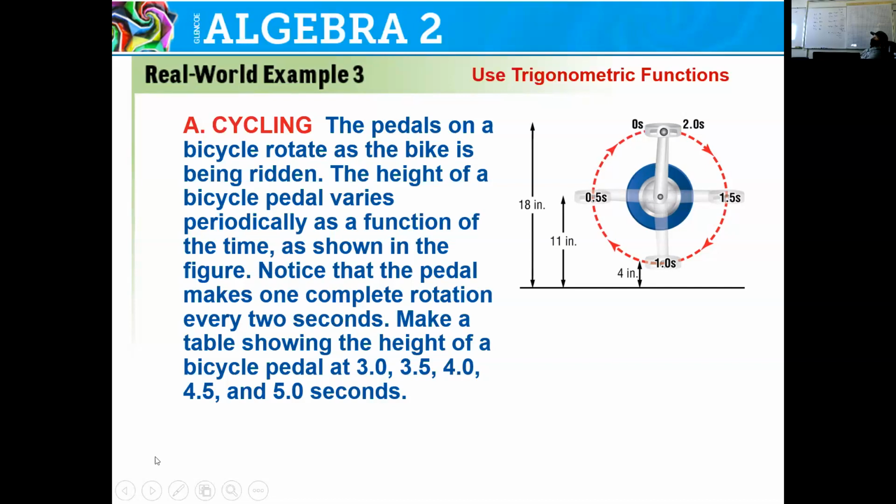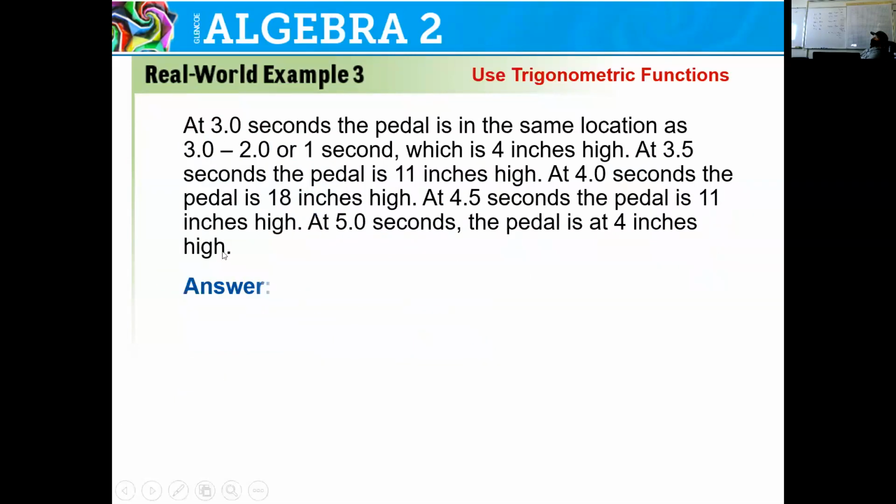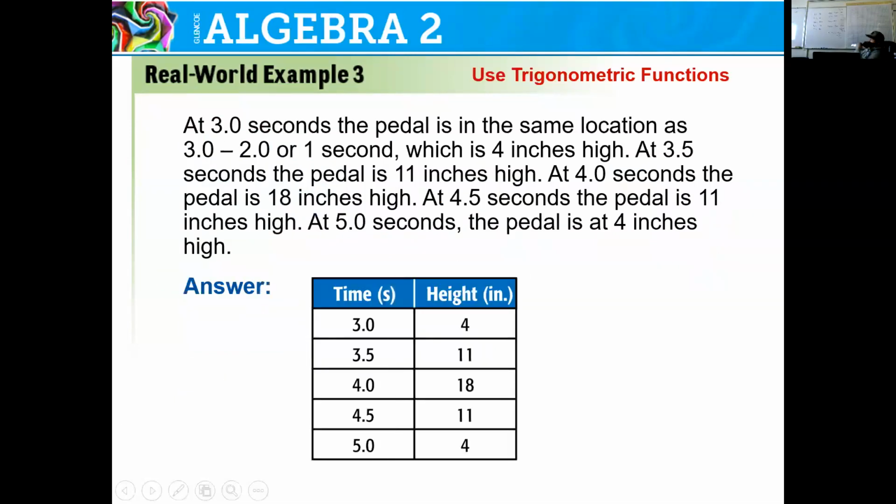From that information, since it's a consistent rotation, we can fill out our table, and this will repeat itself over and over again. You could break it down into 1,000 minutes if you wanted to. Let's do that.